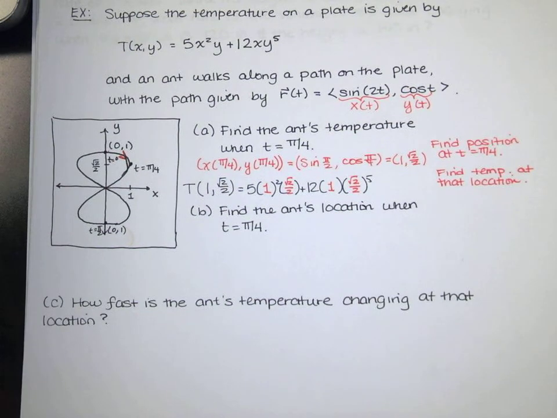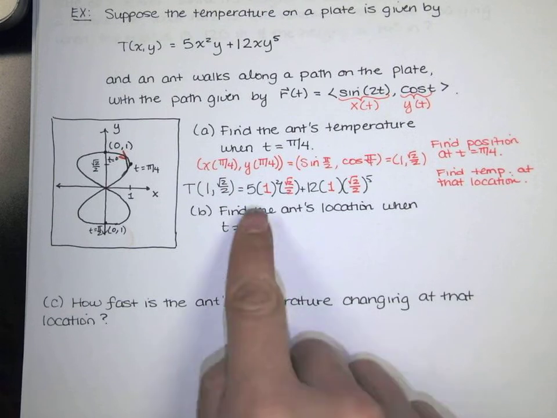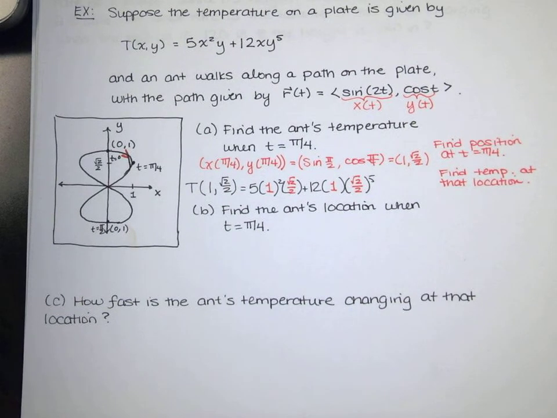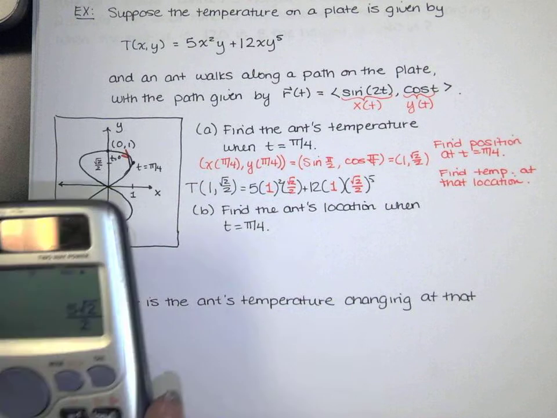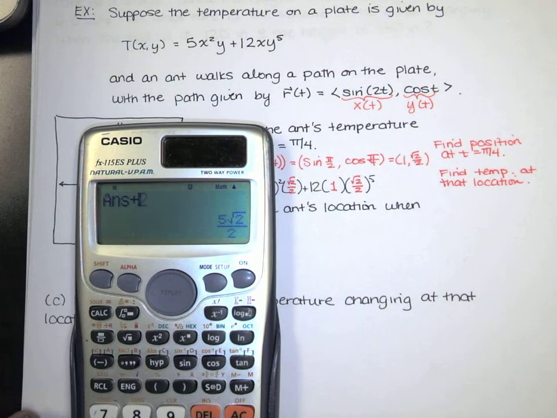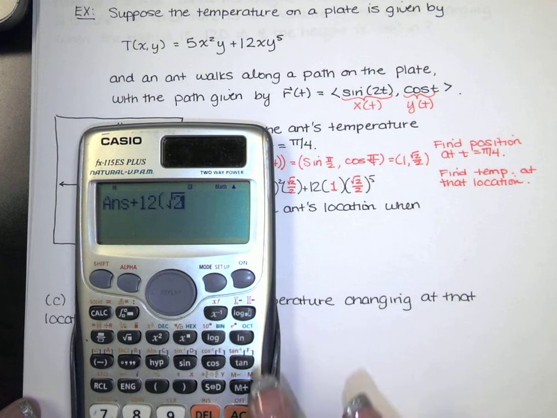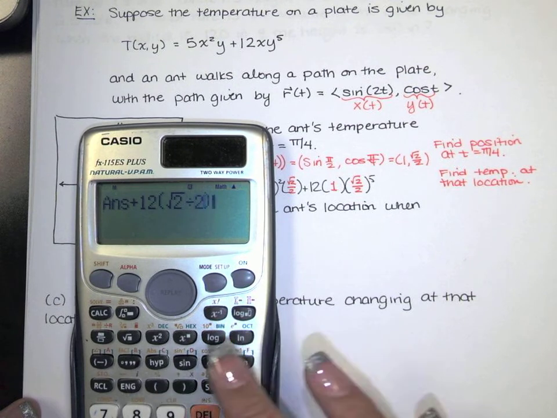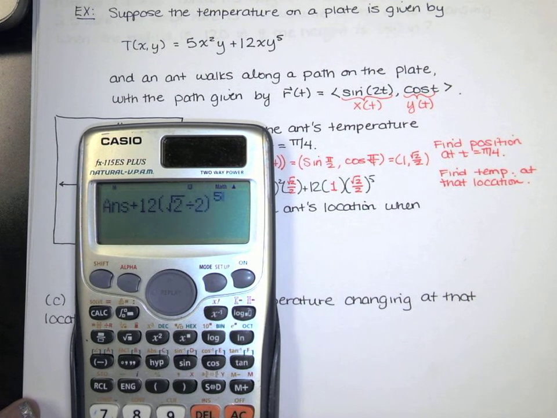And then we simplify. So I end up with 5 root 2 over 2. And then we're adding 12 times square root of 2 divided by 2, all raised to the 5th power. Oh, I was hoping it would simplify it for me.